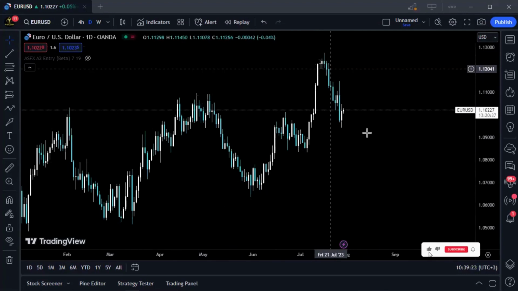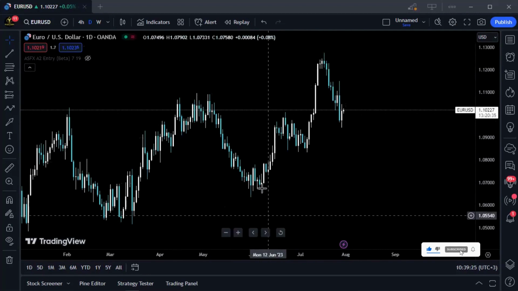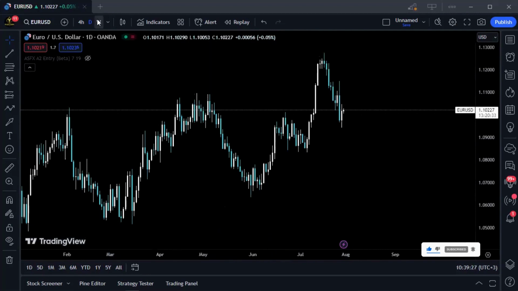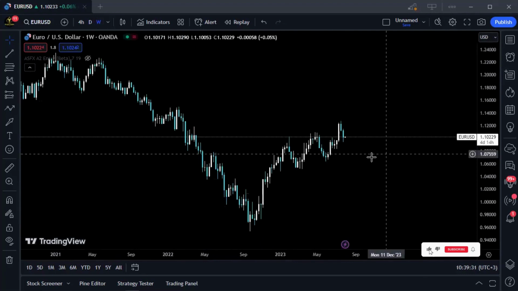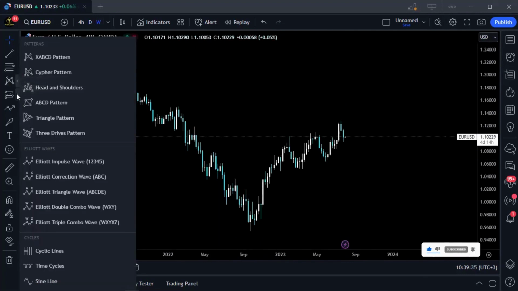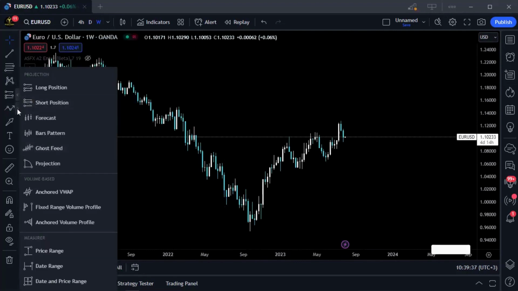If you look at it from a daily perspective, if the US dollar keeps on pushing higher, the Euro USD will sell.